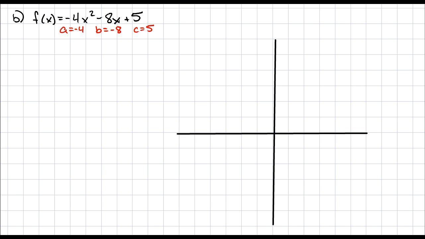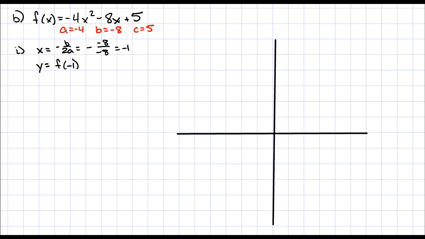Okay, so to find the vertex, we use the formula x equals minus b over 2a, which gives me minus negative 8 over negative 8, so that gives me negative 1. And then the y-coordinate is found by plugging minus 1 into that function.